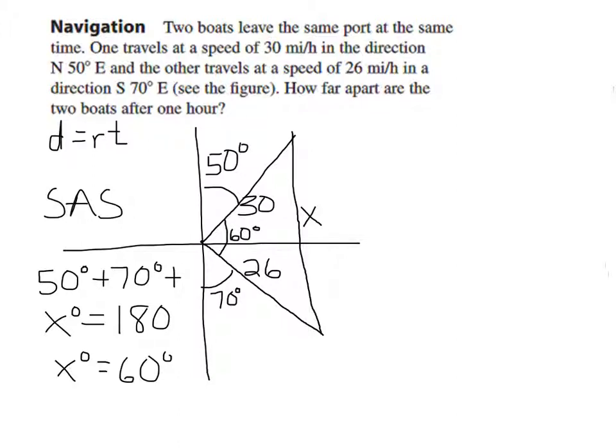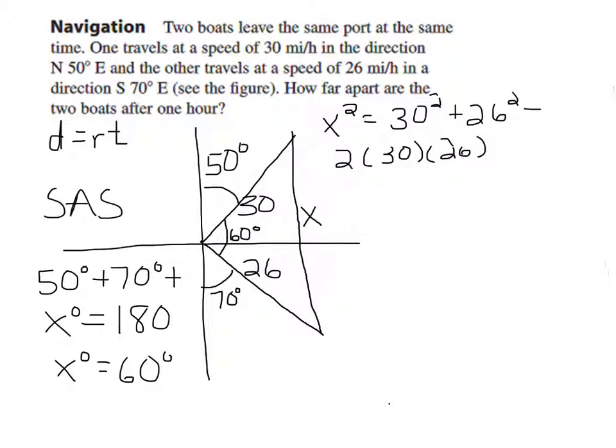And now using the law of cosines, I know that x squared has to be equal to the square of one side plus the square of the other side minus 2 times the lengths of the sides times the cosine of the angle opposite my unknown side.